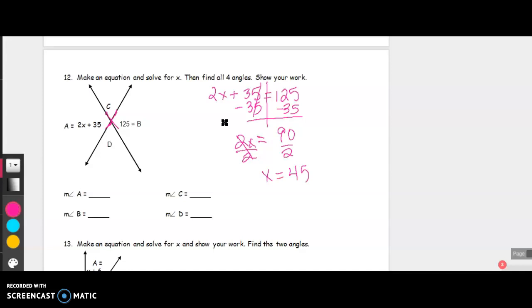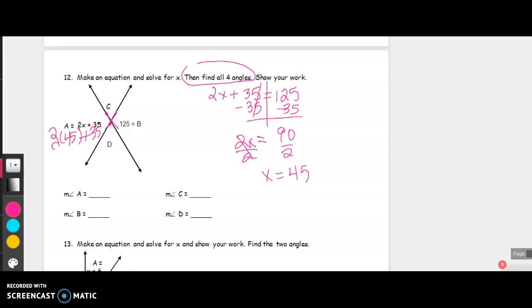Now, that's just x. This is asking us to solve for x, but then we need to find the 4 angles. So we need to substitute in to figure the rest out. So this one is 2 times 45 plus 35, and we're hoping it equals 125 because those are vertical angles.